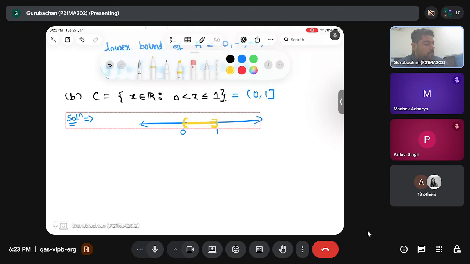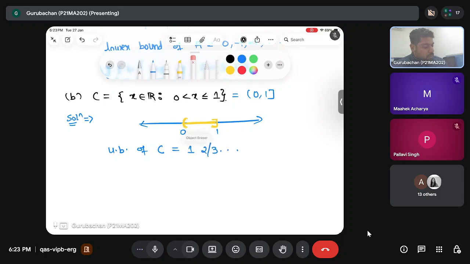It's called an interval. So what will be the upper bounds of C? They will be 1, 2, 3 and so on. The least upper bound of C out of these will be 1 again, and this belongs to the set C. When you talk about lower bounds of C, the lower bounds will be 0, -1, -2 and so on.